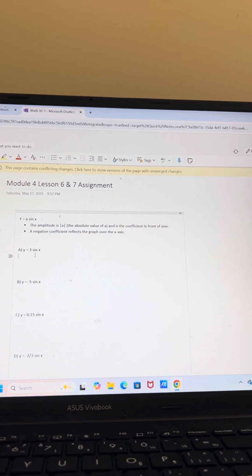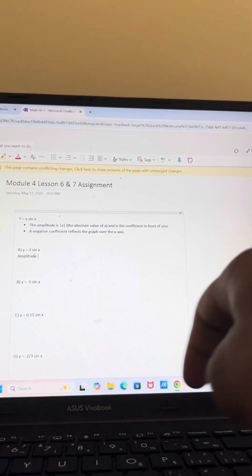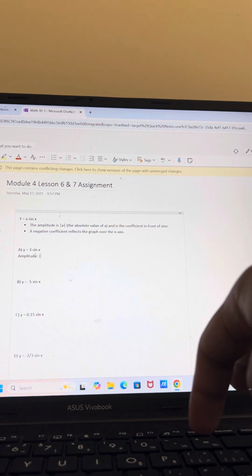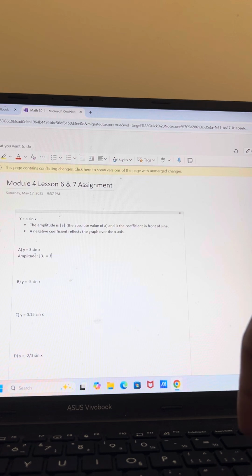Now let's get started with y equals 3 sine x. The amplitude is going to be the absolute value of 3, and this is going to be equal to 3.